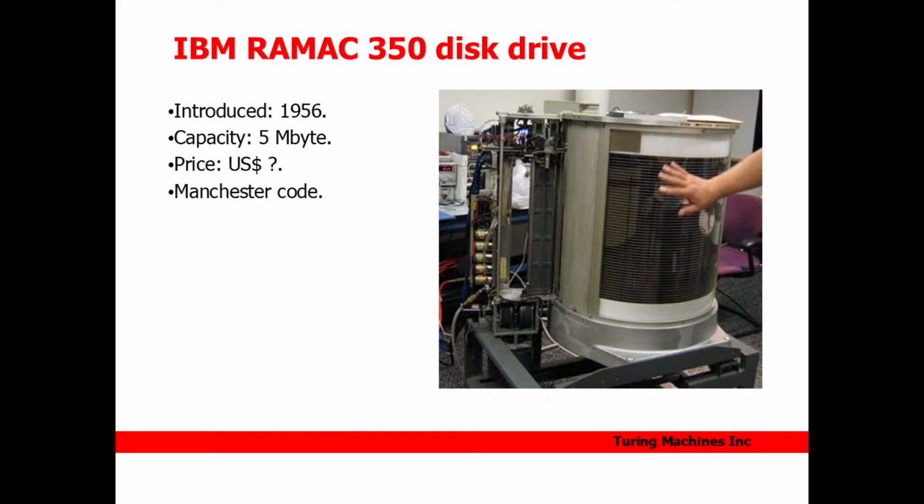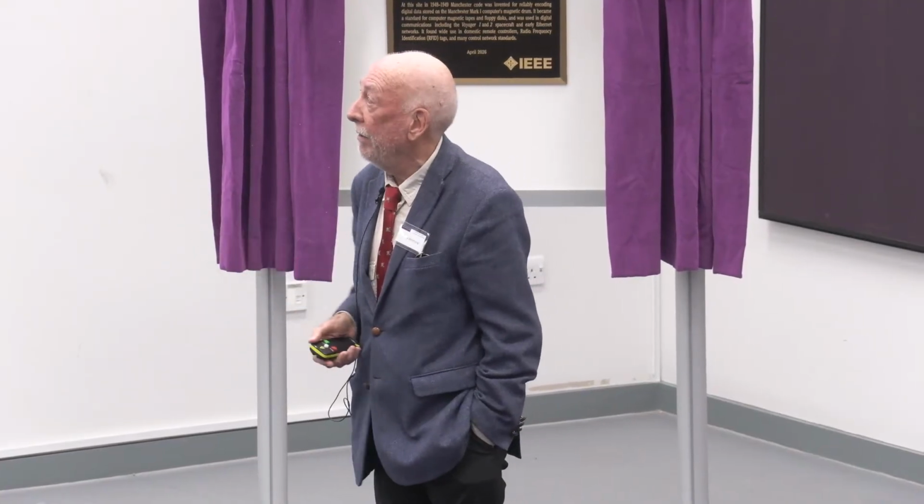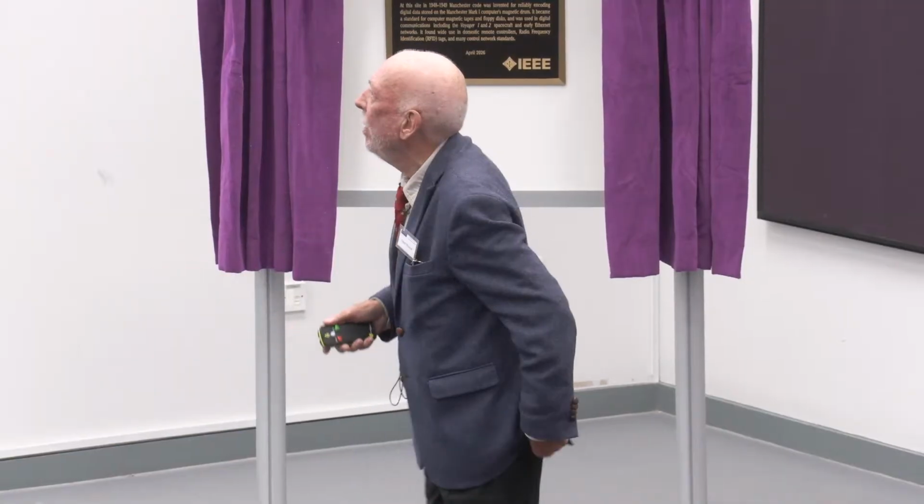It was the very first disk drive that was introduced, of course, again by IBM in the United States, in '56, only 5 years after the invention of the biphase code here in Manchester. I call it the Manchester Code. Normally I call it the biphase code, but it's a different name for the same product.